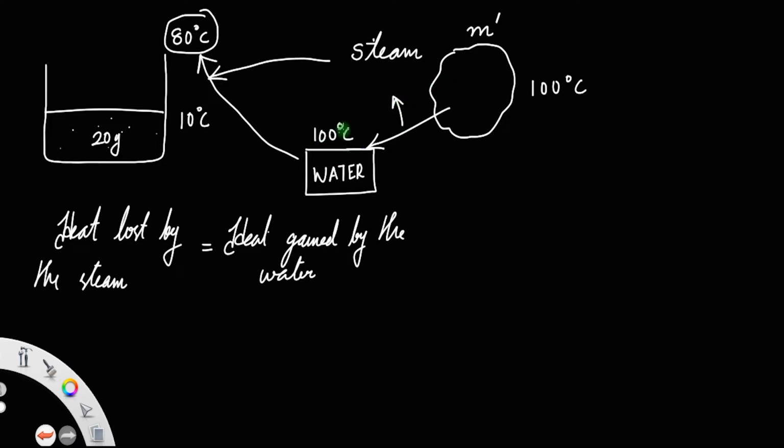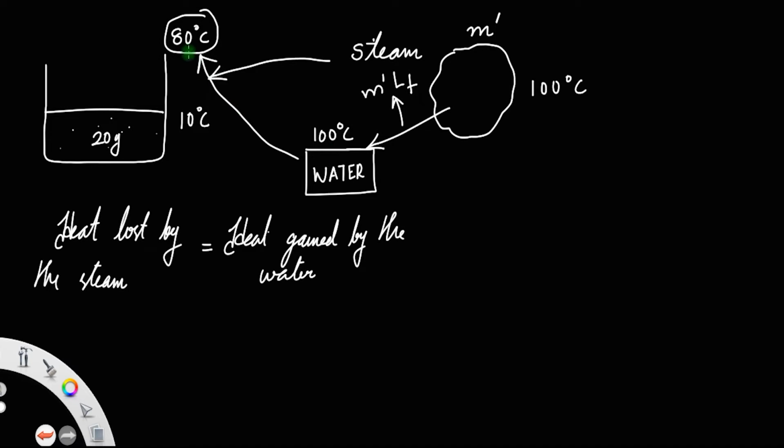A supply of m dash times LF heat must be used, where LF is the latent heat of water. In order to convert the gaseous state to liquid state, the conversion of steam to water, a quantity of heat of m dash LF must be used.